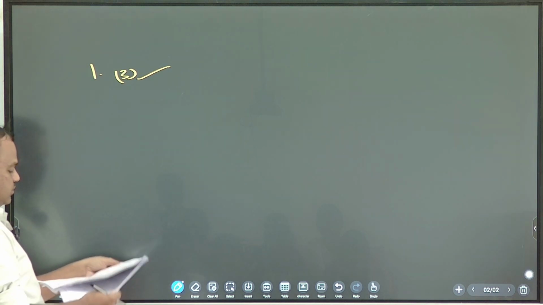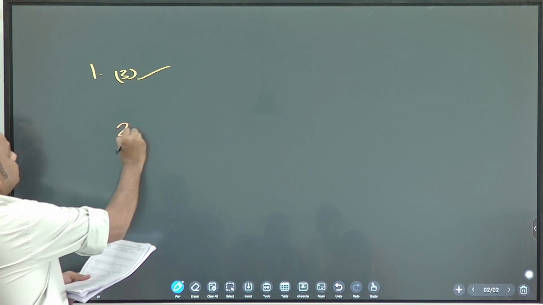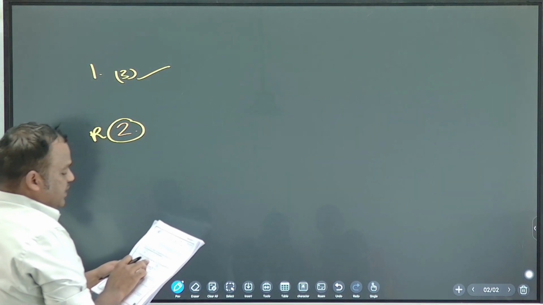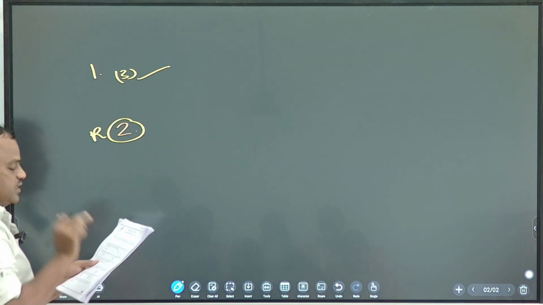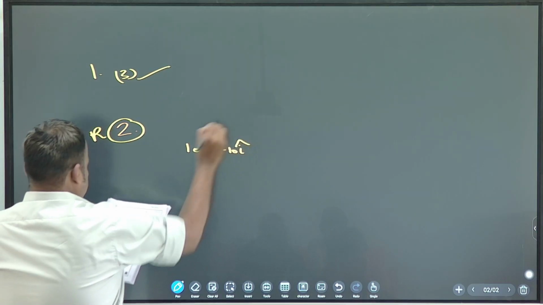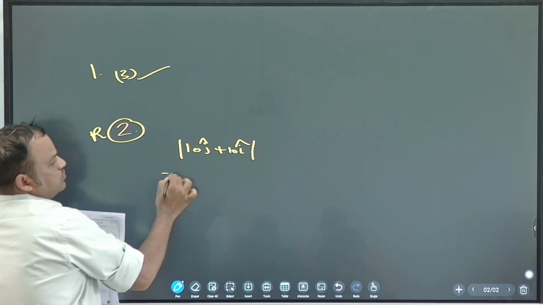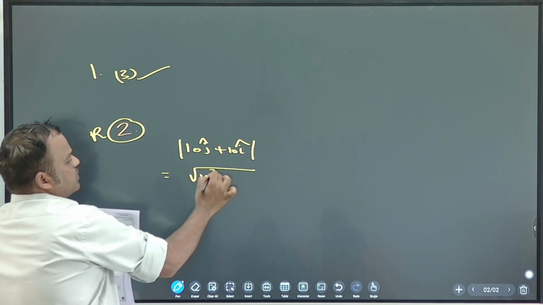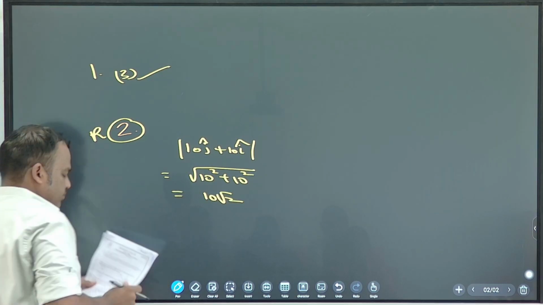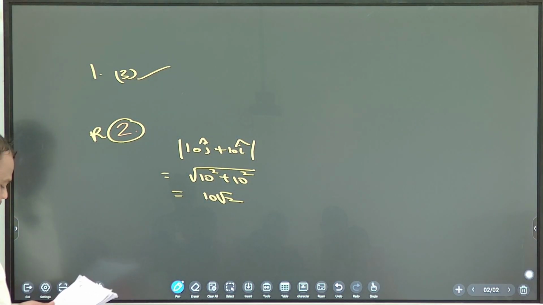Now second question, repeater. Man goes 10 meter north, 20 meter east. So 10j plus 10i. So what is the magnitude? Square root of 10 square plus 10 square. 10 root 2.